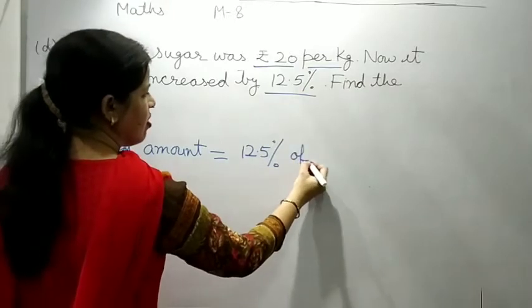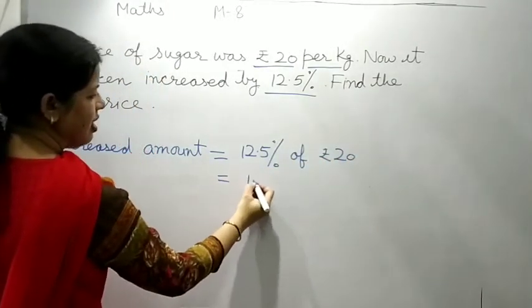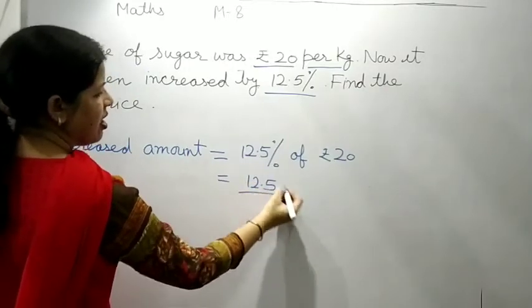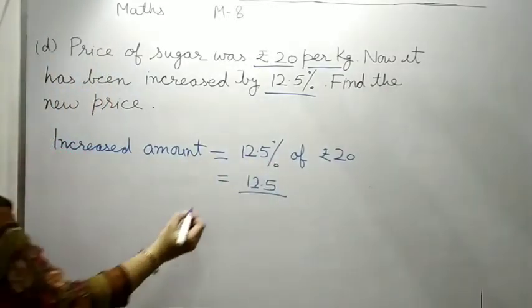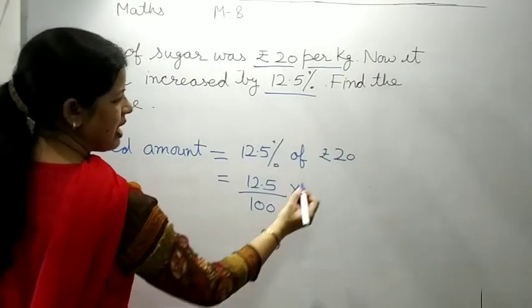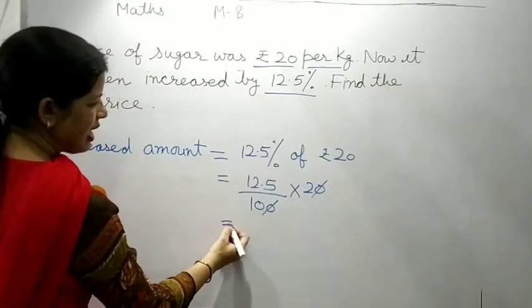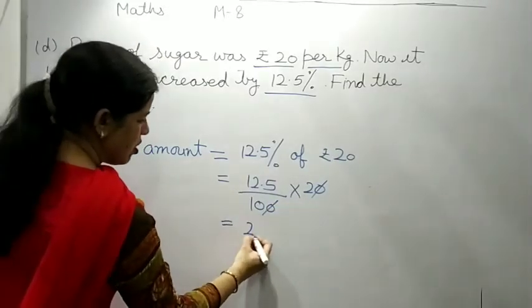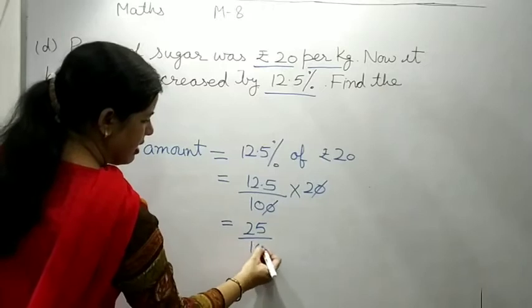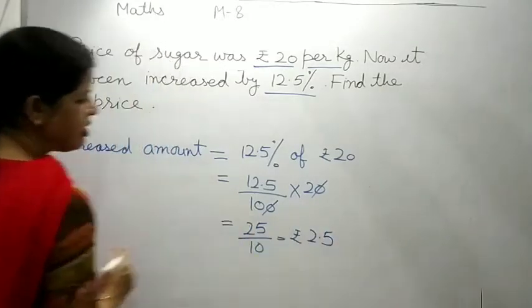Remove the percentage symbol from here. It is 12.5 upon 100. And in place of "of" you write multiplication, 20. Yes, cut 0 from here, and it is equivalent to 12.5 into 0.5 into 2 is equal to 25, and it is 25 upon 10. It is 2.5 rupees.